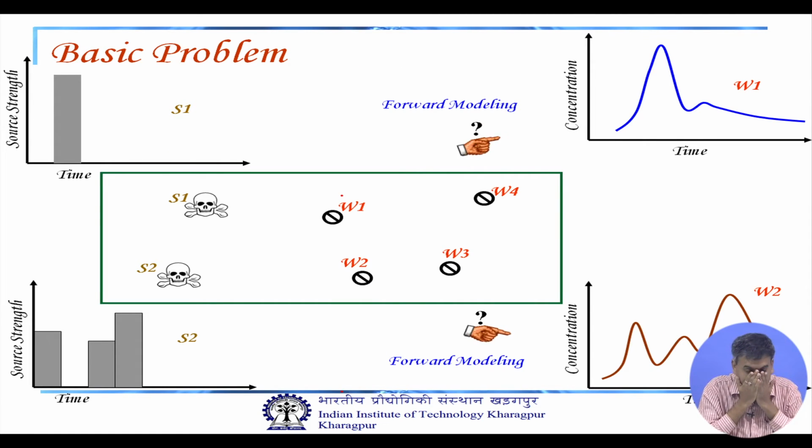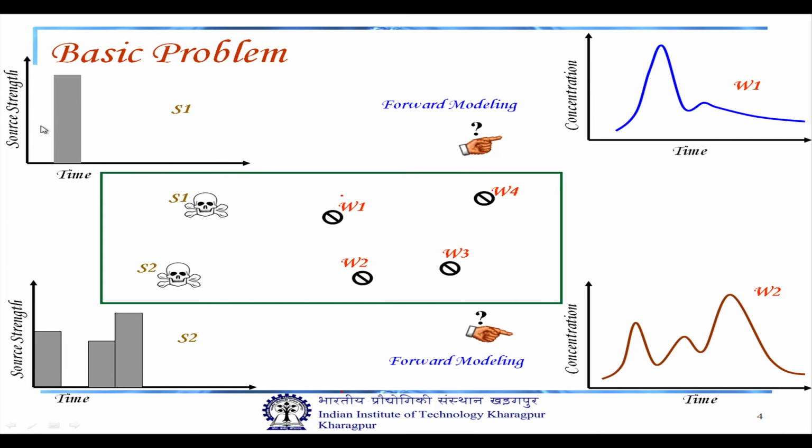The basic problem is that you have source strength against time. Let us say we have source 1 and another source 2, and 1, 2, 3, 4 are your monitoring locations. One source is active for the second time period, and the other is active for 3 time periods, with a gap of 1 time period.